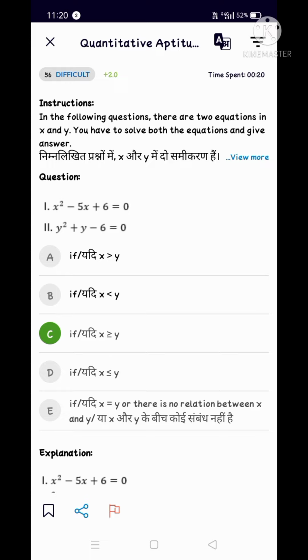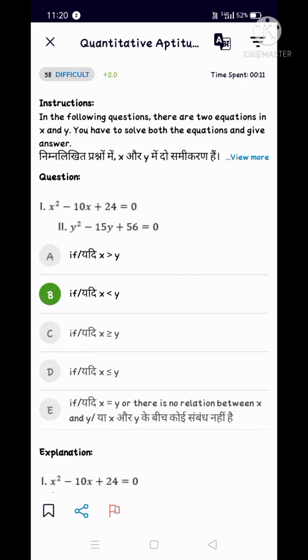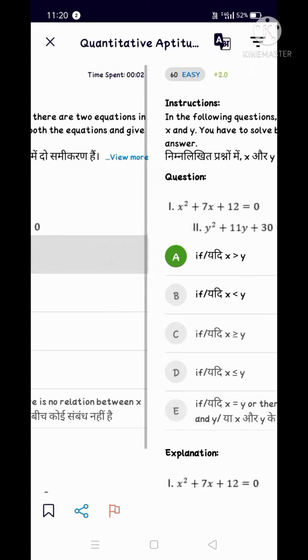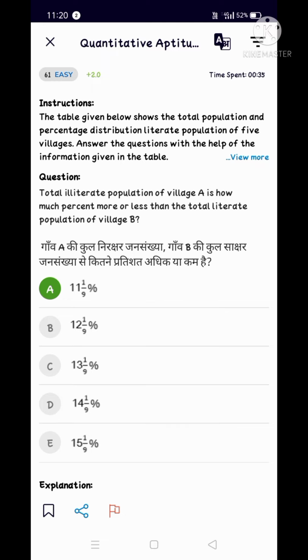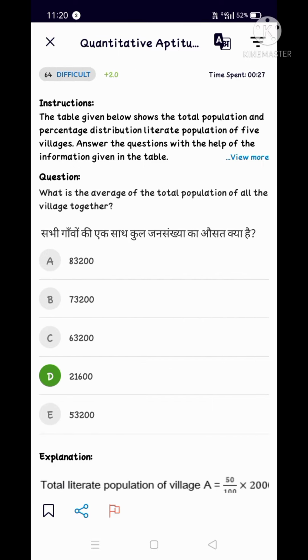You see, I took just 20 seconds to solve it, just 2 seconds to solve the 57th question, and the 59th question is totally easy, because after seeing the signs you can easily tick the answer: x is equal to y, or there is no relation between x and y. So 5 questions come from quadratic equations, and next 5 to 6 questions come from DI.